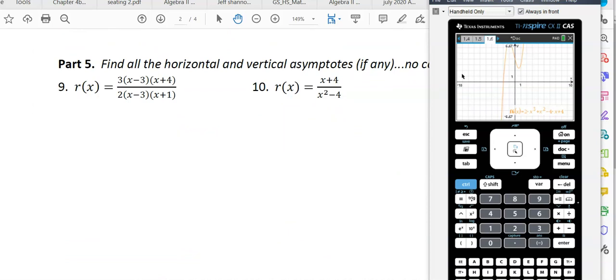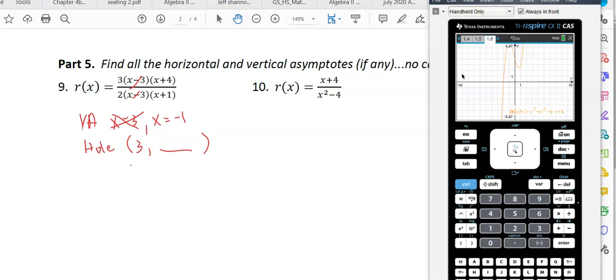Horizontal and vertical asymptotes. Okay, so vertical asymptotes at x equals 3 and x equals -1. Wait, there's going to be a hole. That was sneaky. Almost didn't see that. There's going to be a hole at 3 comma something. We're going to have to plug that in. So to get that, after we cancel, we're going to plug in 3 there.